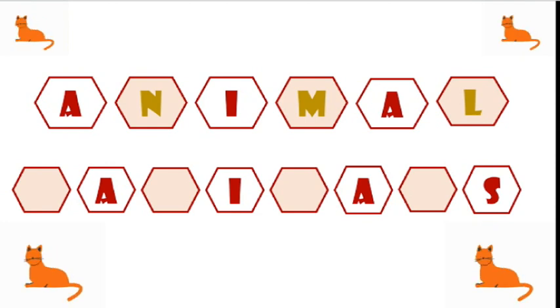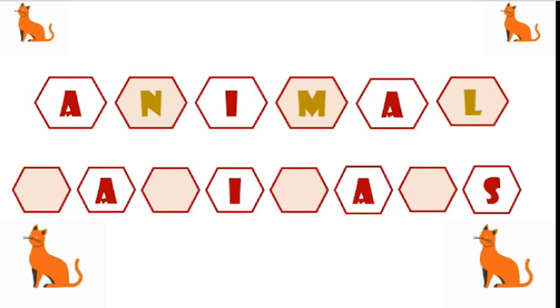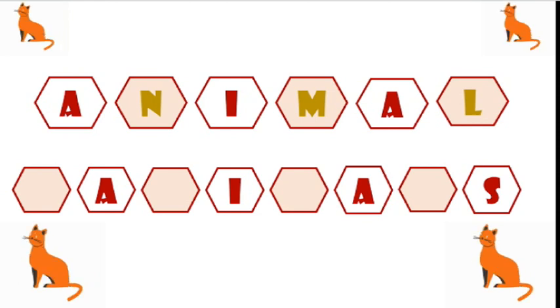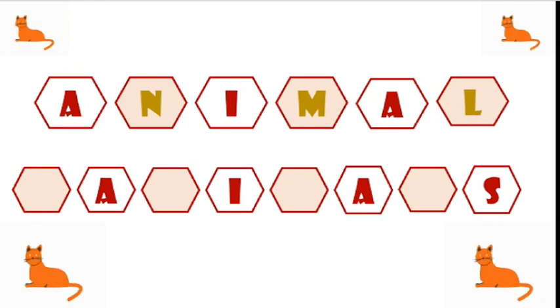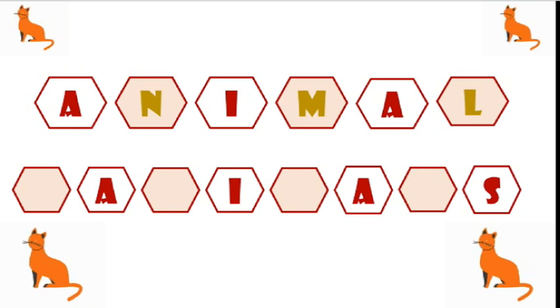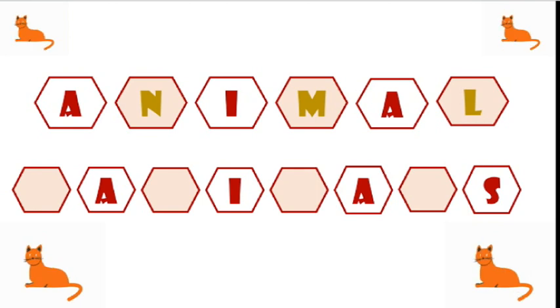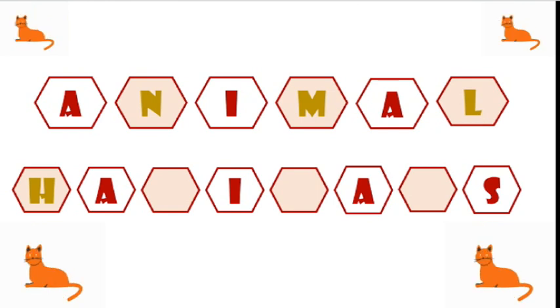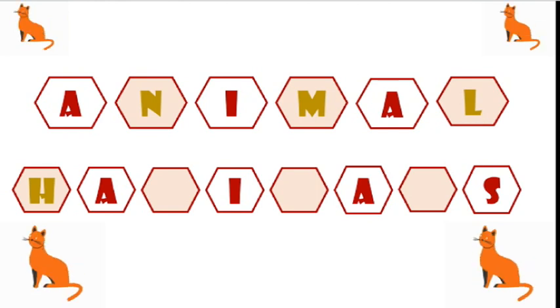So now you have an idea that today's topic is related to animals, right? But there are a few letters which are missing. Now guess and tell me which letter will be next? Yes, it is letter H. Correct. H-A and then, yes, you are very smart.